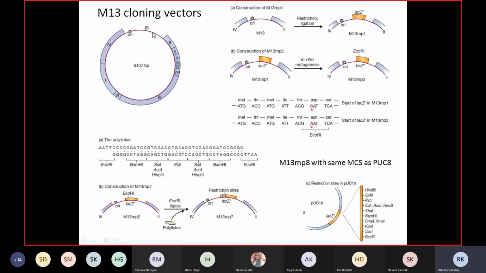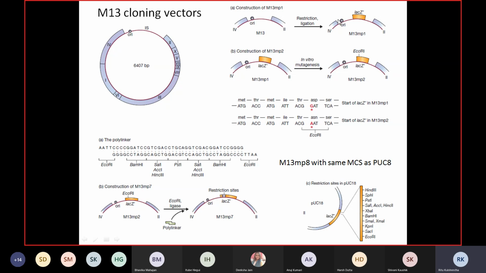What I want to convey is that we have very limited capacity of cloning here, because most of the genome is essential in nature, so we are left with very little room for packaging inside the M13 phage. So one problem is that, but the advantage is the single-stranded DNA forms.